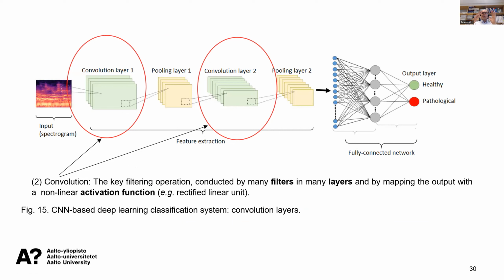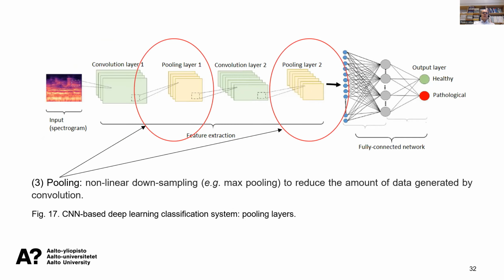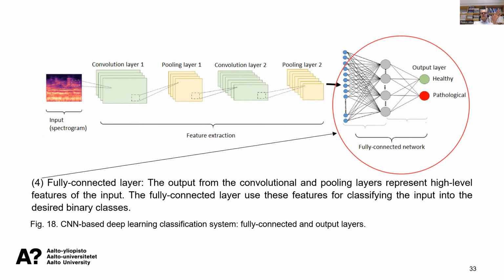Okay, so this is a question of having several times of filtering with this kind of sliding windows. And in addition, we need to have so-called pooling layers to lower the dimension. And at the end, we have another neural net. And then at the final end, we have what we are interested in, the binary decision.